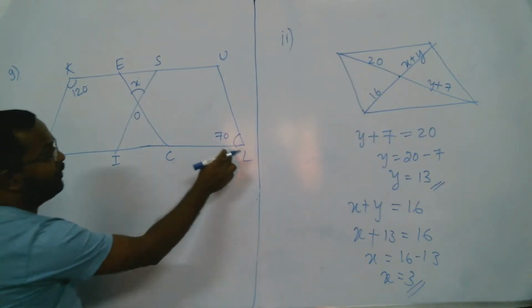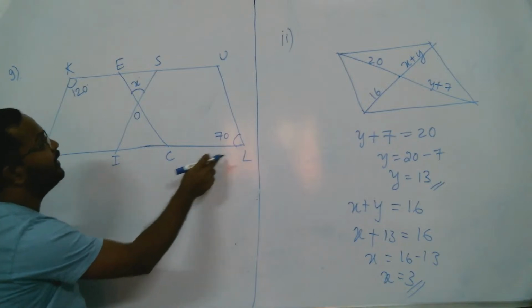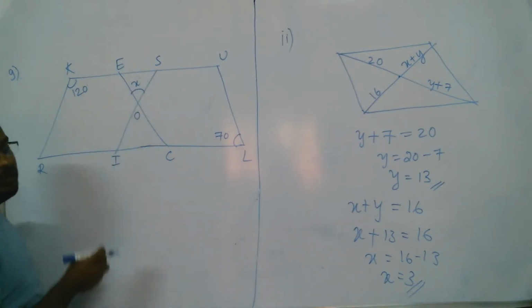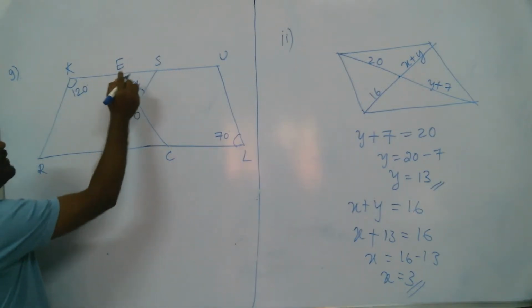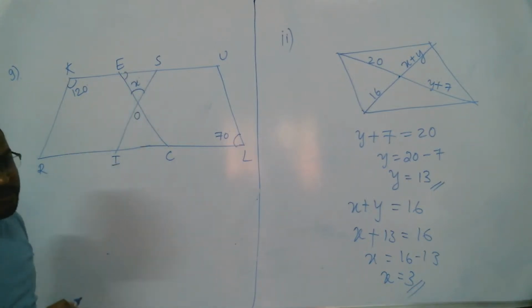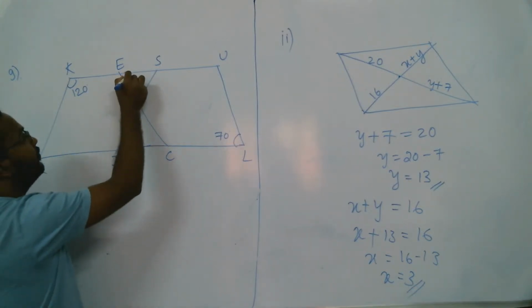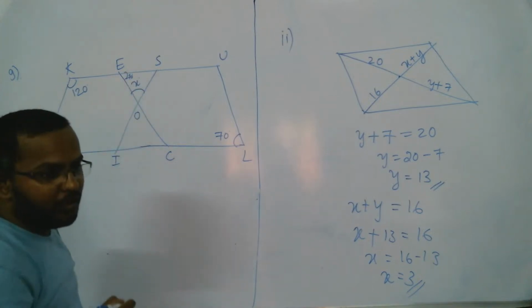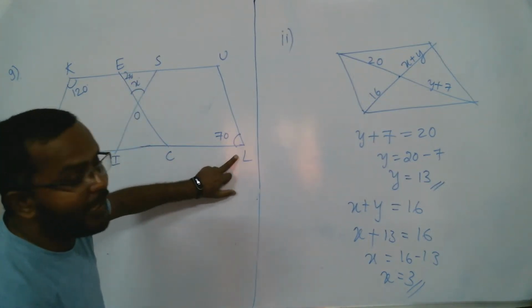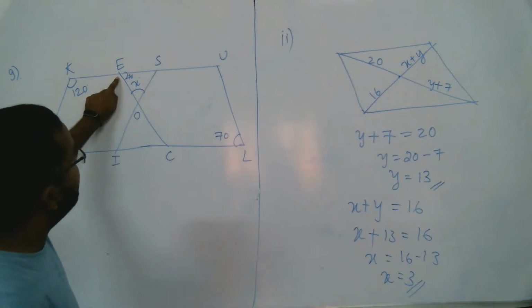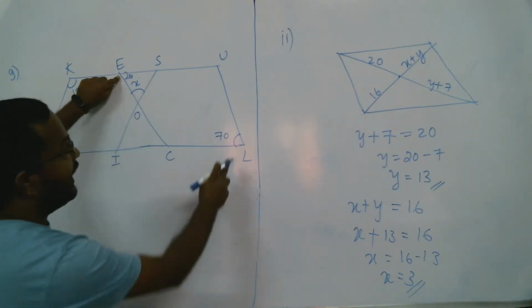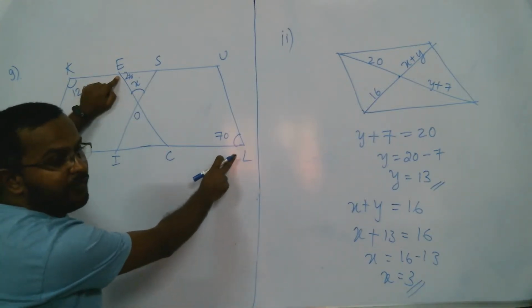Now, when angle L is 70, then angle E, or OES, will be how much? It is 70 degrees. Why is it 70? Because angle L is 70, so angle E is also 70 degrees. They are the opposite angles of a parallelogram.